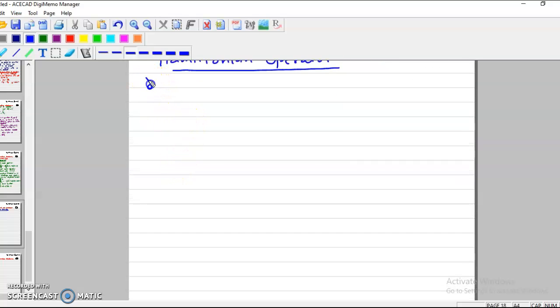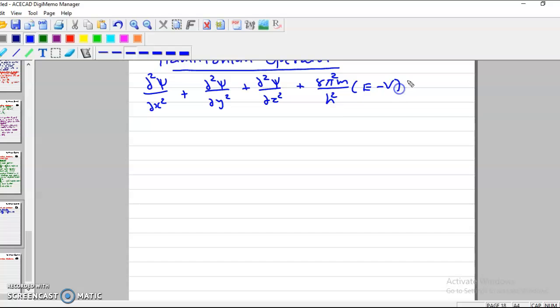We write again Schrodinger's wave equation: del square psi upon del x square plus del square psi upon del y square plus del square psi upon del z square plus 8 pi square m upon h square (E minus V) psi equals to 0.